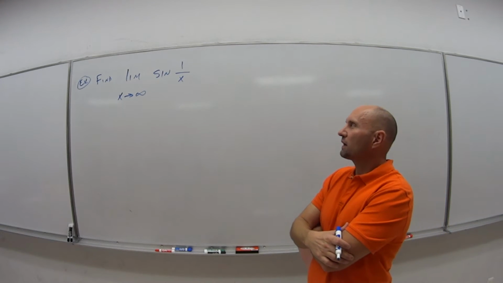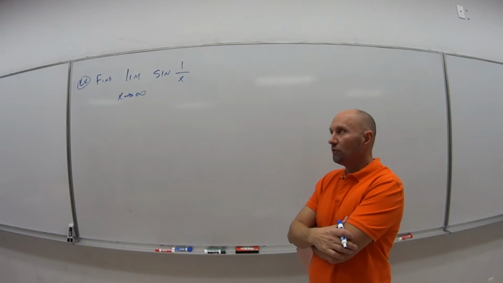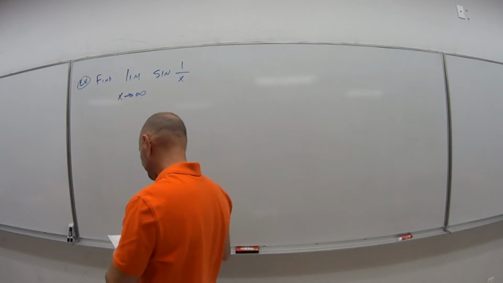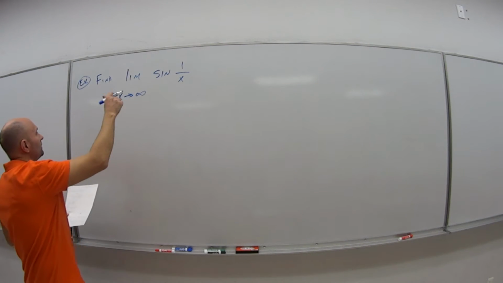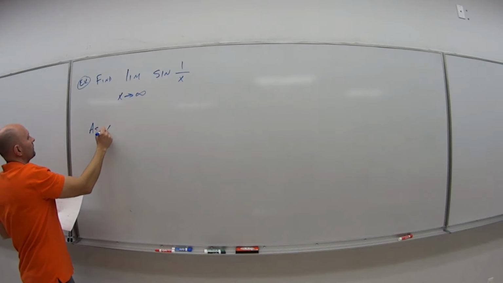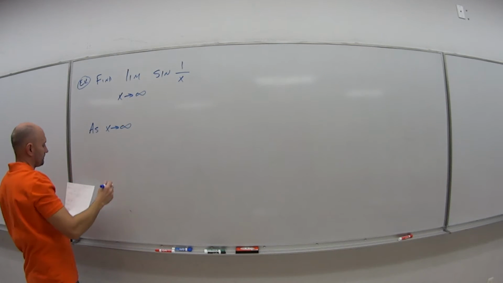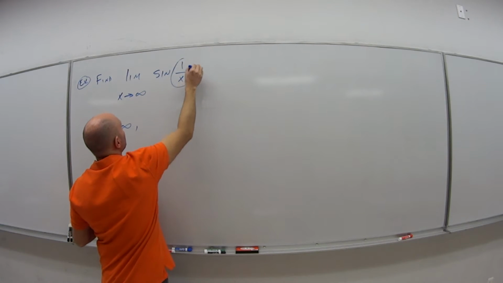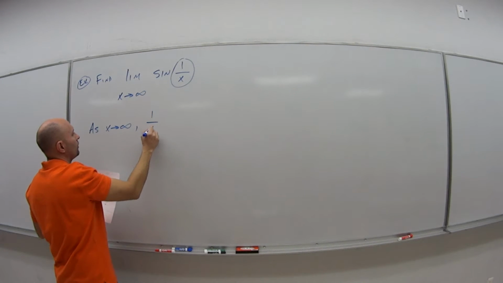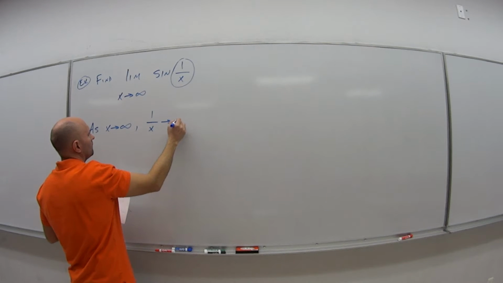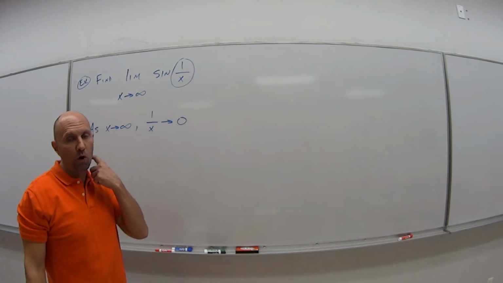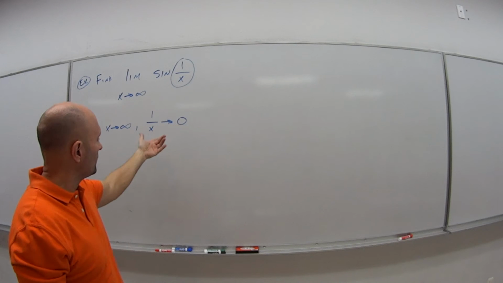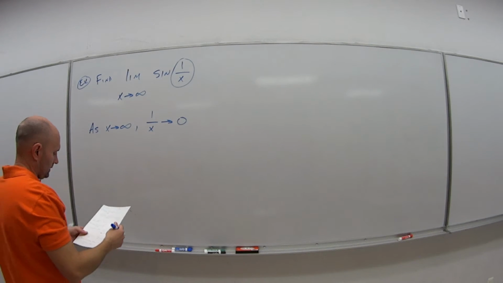All right, welcome back if you did try it on your own. If you didn't, that's fine too. So let's look at what's happening here. As x is going to infinity, looking at just this piece here with the sine function, 1 over x is going to what? Well, we already saw that 1 over x to any power is going to 0.